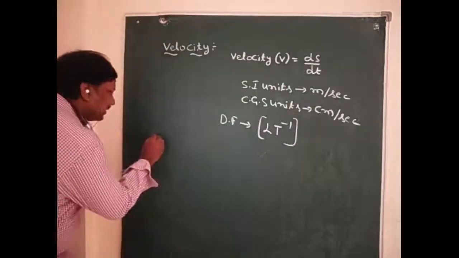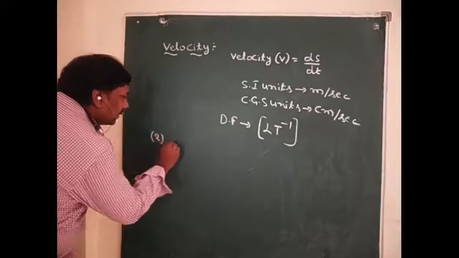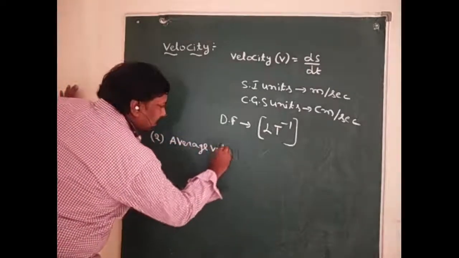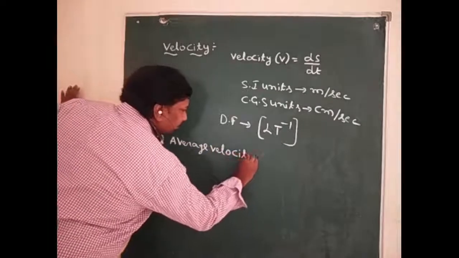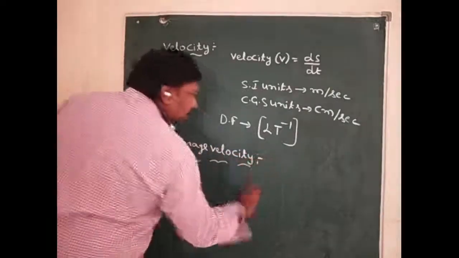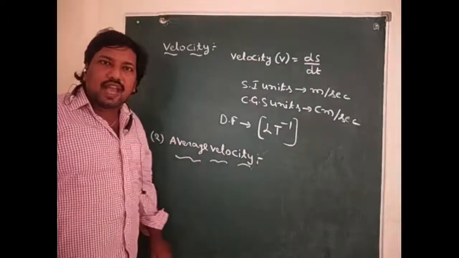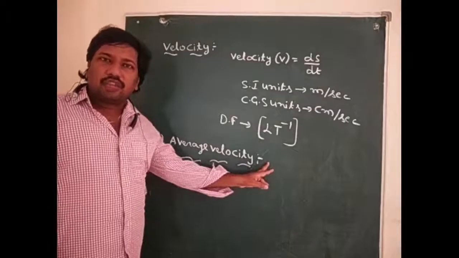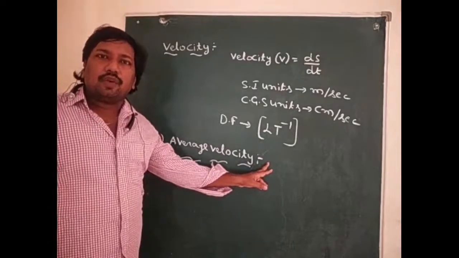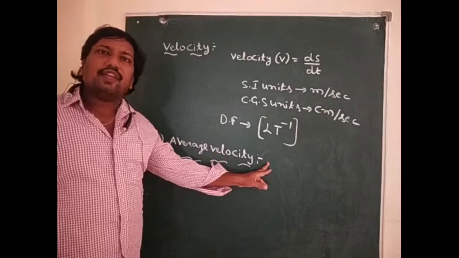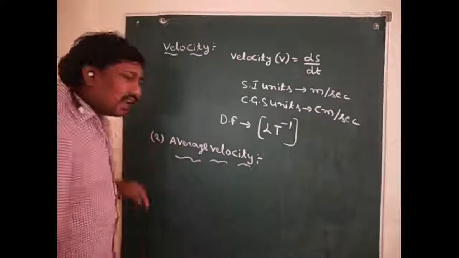Next one is average velocity. What is average velocity? For a particle in motion, the ratio of total displacement to total time taken is known as average velocity.